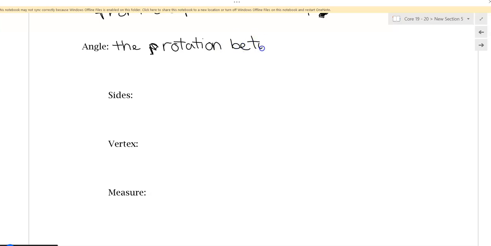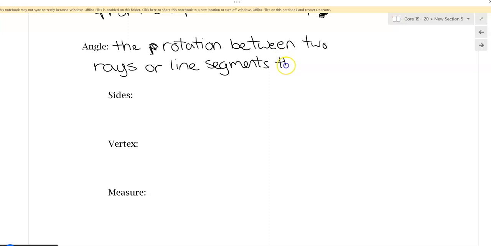Between two rays or line segments that share an endpoint.